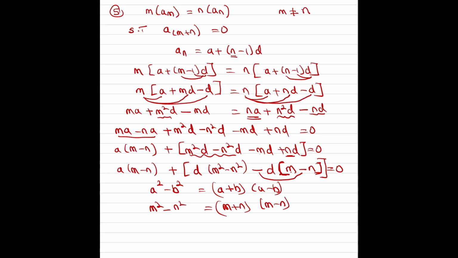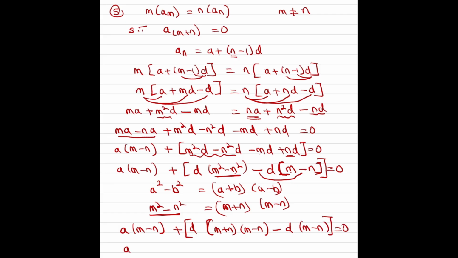So I am going to change this using that formula. So a(m minus n) plus d, this m square minus n square I am going to write (m plus n)(m minus n), minus d(m minus n) equal to 0.